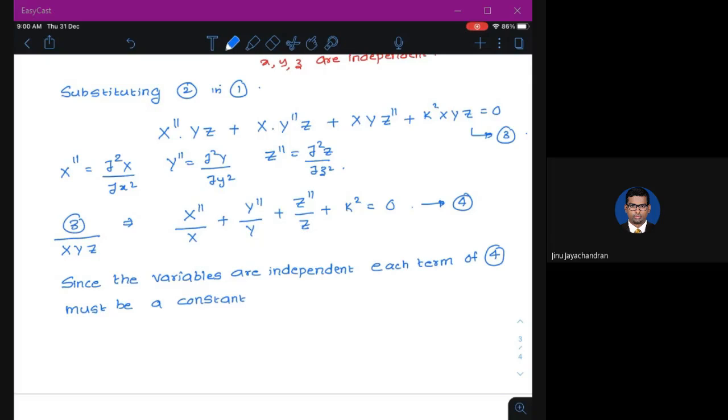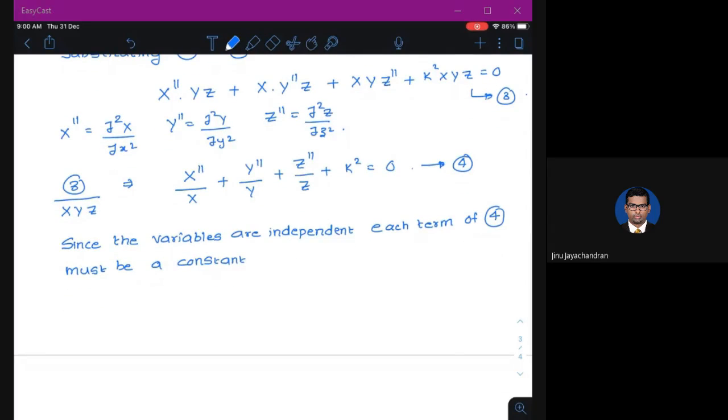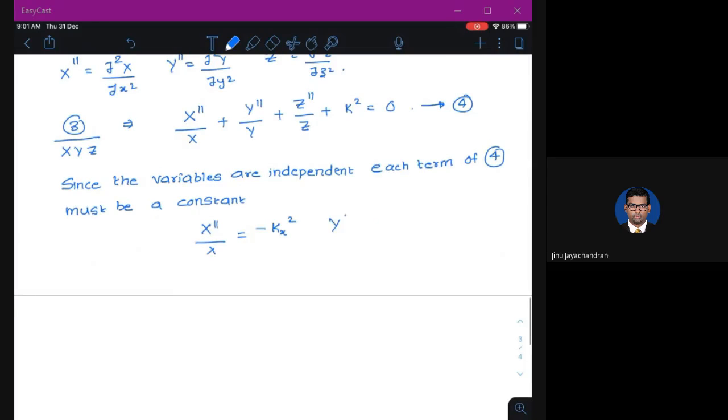Because the variables will not depend on each other, the solution also makes sure that there won't be any combination of the variables, which means each term in equation number 4 is a constant, which means X double dash by X should be a constant, which let's say is minus kx square. I just put minus because our solution will be easy. Similarly, Y double dash by Y is equal to minus ky square. And for z, Z double dash by Z, the value is gamma square, which we have already seen from the equation, okay, because it is in the direction of propagation.